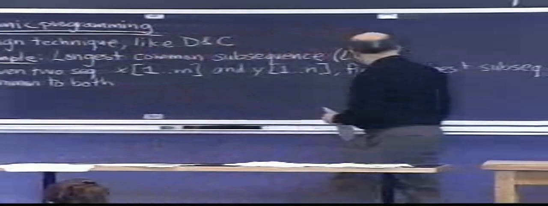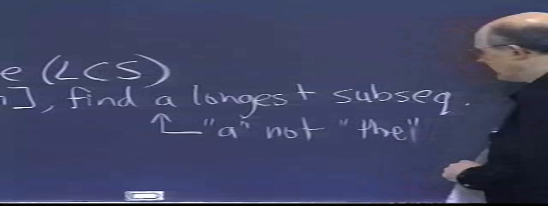Let me just mention that here I use the term "a," not "the," because generally it's possible that there's more than one longest sequence. So we talk about a longest common subsequence, not the longest common subsequence.